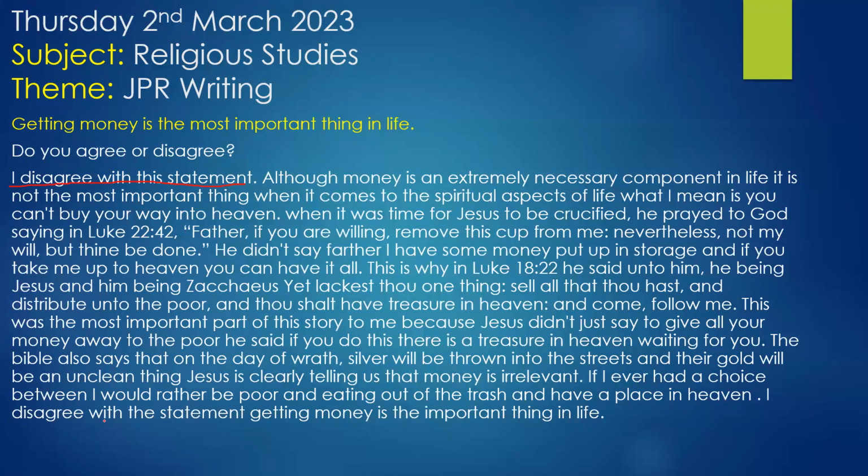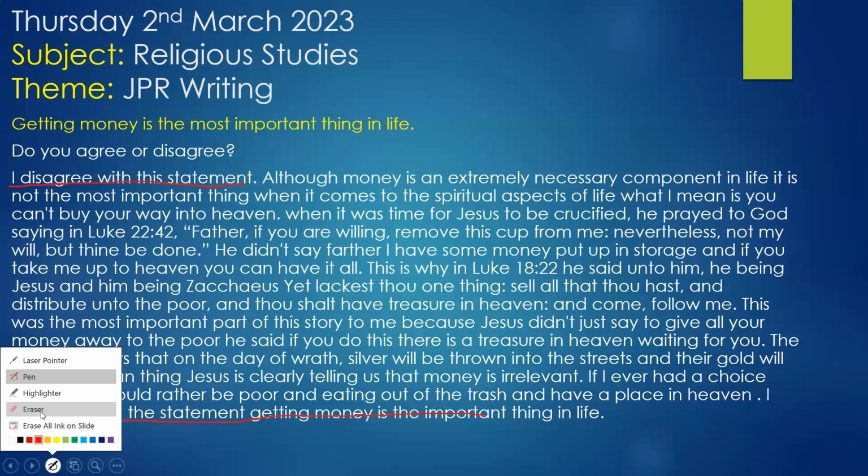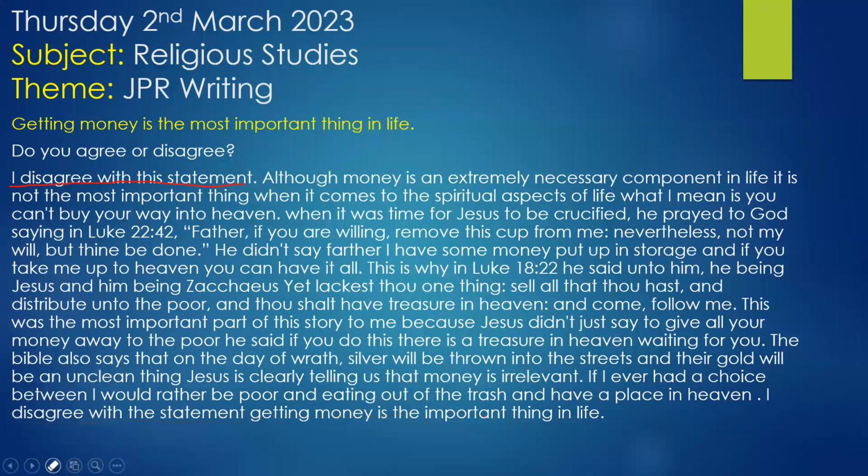The only problem I have is that for some reason she changed the statement. And you don't want to change the statement, Lanaya. That's very important. That's a big error right there. The statement says that money is not the most important in life, but getting money is most important in life. That's the statement. You need to be careful, Lanaya.